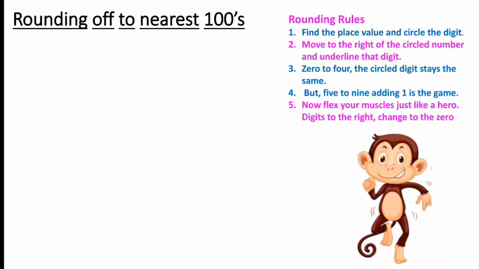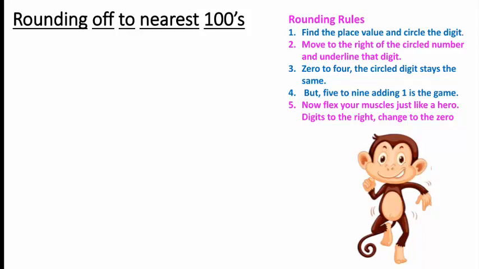So see what this rounding off rule says. First of all, we will find the place value and circle the particular digit for which we have to find the rounding off. Then later on we will move to the right of the circled digit and underline that next door digit. After that we'll see whether that underlined digit is less than 5, then the circled digit will stay the same.